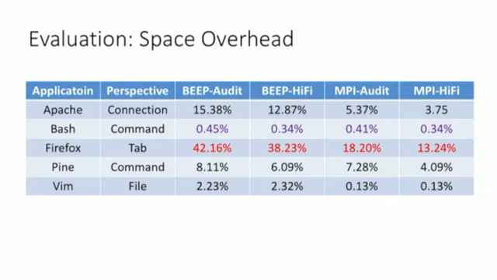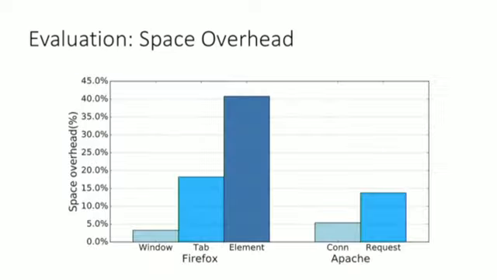But for other programs like Bash, one event handling loop is basically just one user command. I mean, it's already very high level. So the MPI partition and the BEEP partition will be very similar, because BEEP doesn't really generate many redundant events.